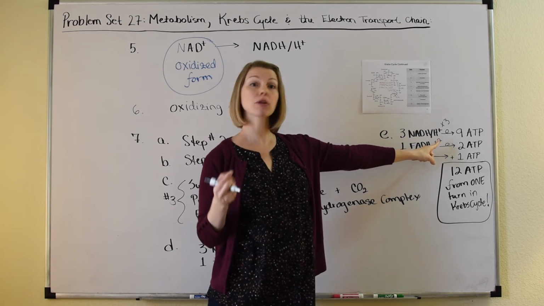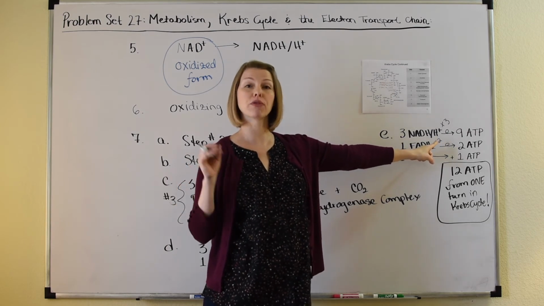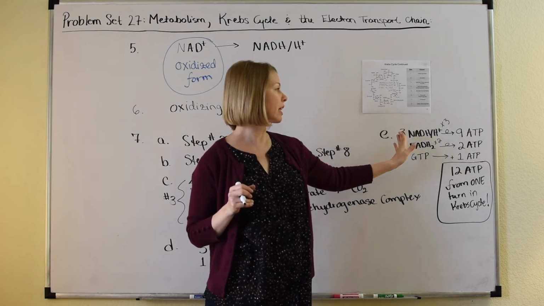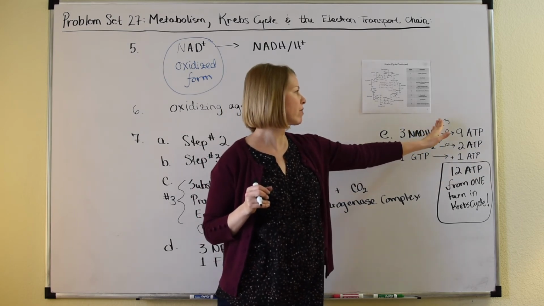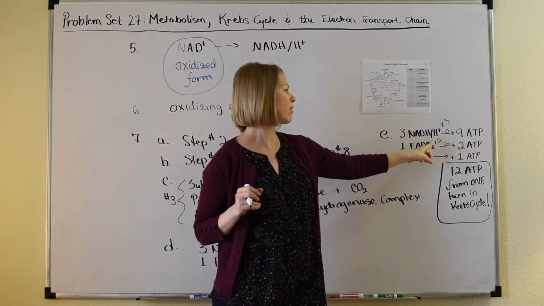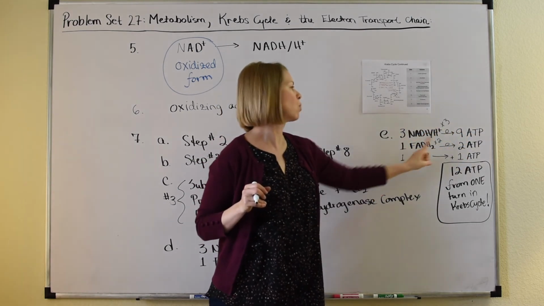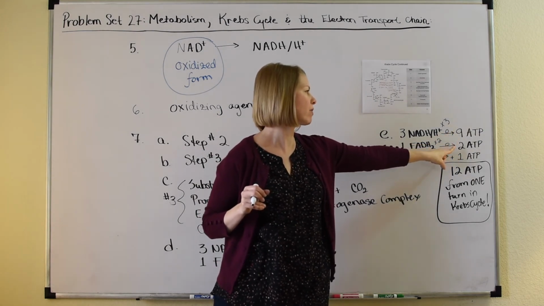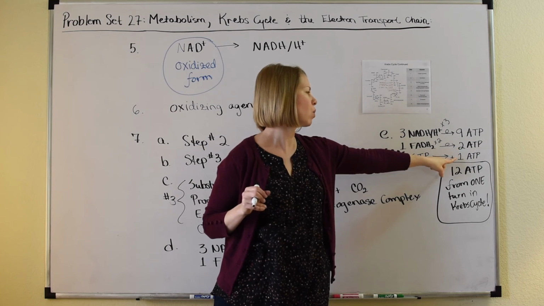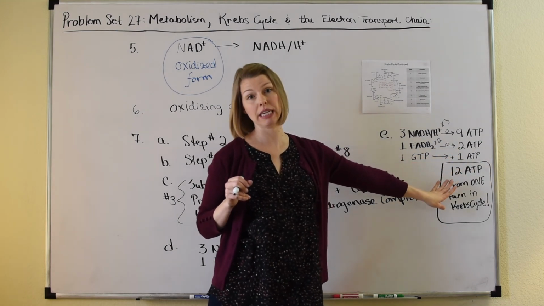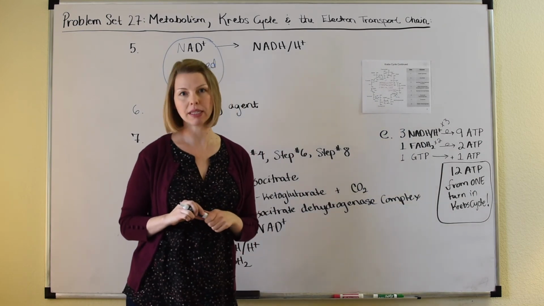And if your textbook or your instructor prefers to use the 2.5 and the 1.5, then the number you get here will be 3 times 2.5, so it's 7.5, and then 1 times 1.5, so 1.5, and then 1. So you'll get 7.5 plus the 1.5, that'll give you 9, plus 1 will give you 10. So in that case, you'll get 10 ATP per turn in the Krebs cycle.